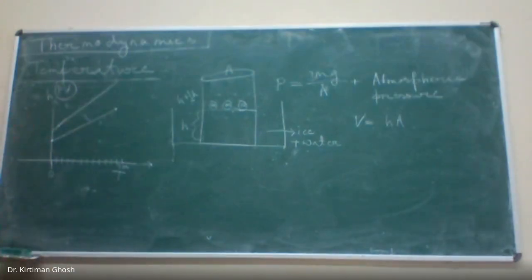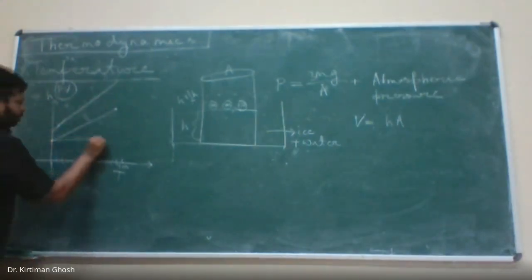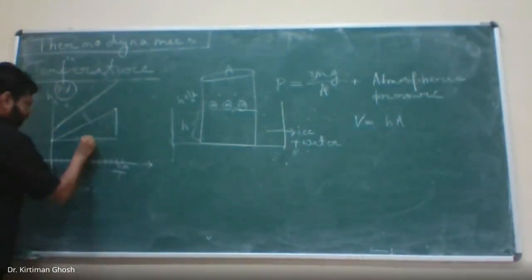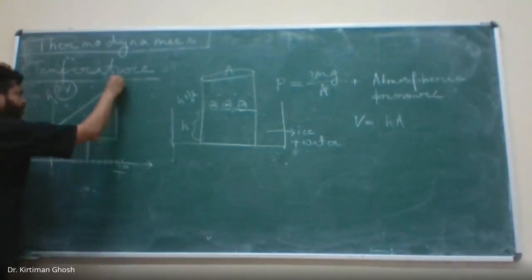And this is true for all thermometers, because it is a property of a line. This by this is equal to this by this, and the same thing will happen for this triangle.